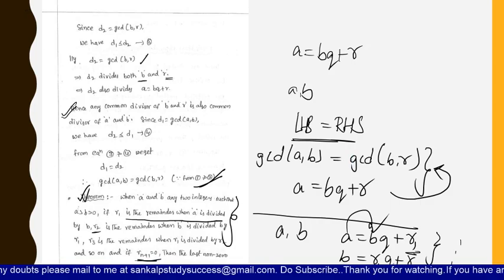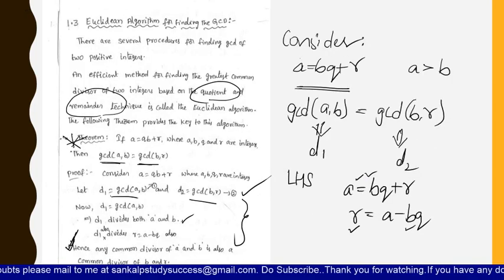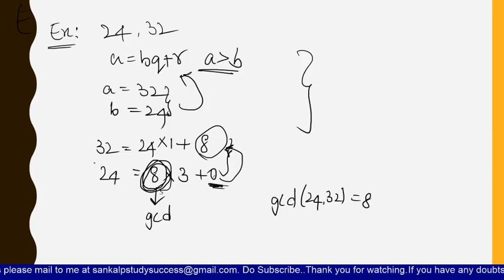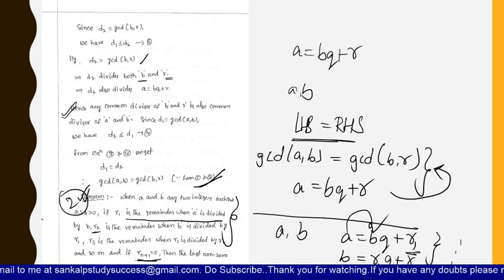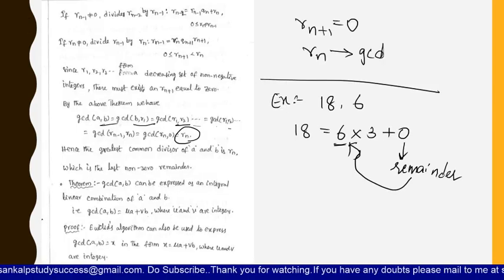Okay? This is also the most important one. The first two theorems are the most important theorems. This is the first one, and this is the second one, which are the most important theorems which you can expect in the external exams. And coming to the last theorem which we have in our syllabus, theorem 3, which we have already discussed in the previous lecture, is the linear combination, expressing two numbers in a linear combination.